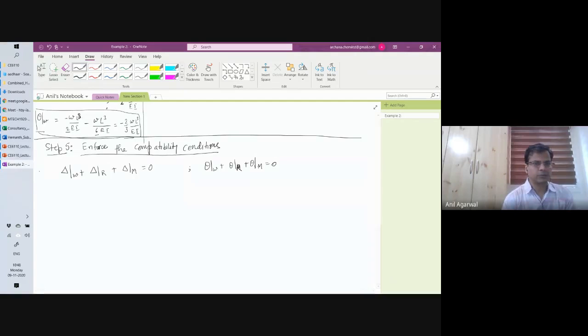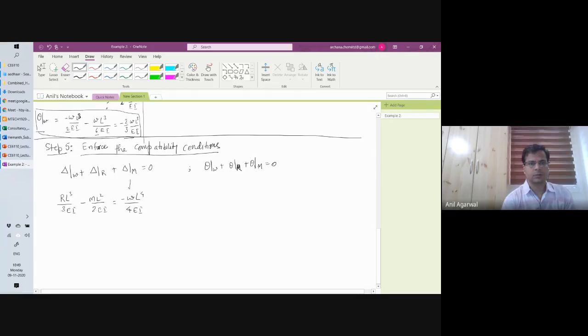The first equation will give me R L cube by 3 EI minus M L squared by 2 EI is equal to minus W L to the power 4 by 4 EI.